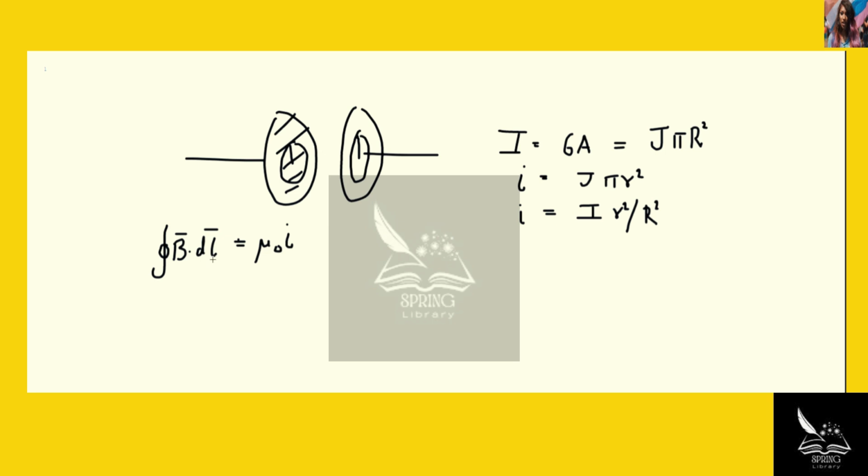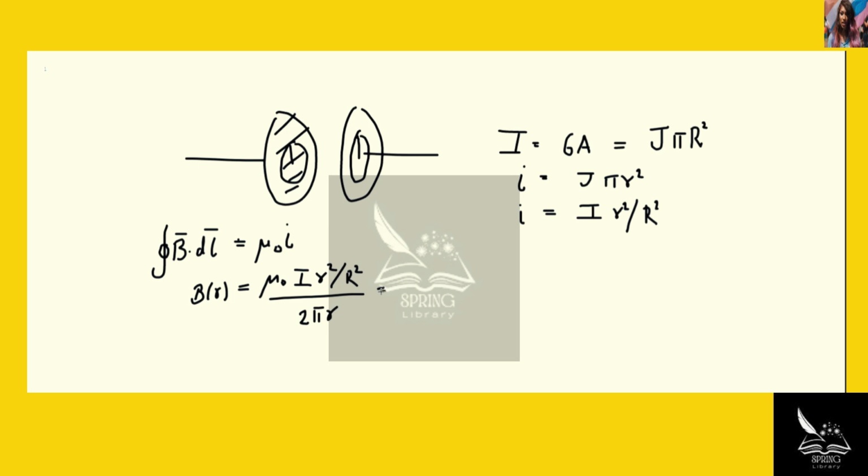This is the loop element, and this is the magnetic field. So the magnetic field at a radius r is mu naught I, substituting for I, r squared over capital R squared, divided by the entire loop dl. The dl is the line element, so we have the entire loop, which is the perimeter, equal to 2 pi small r.